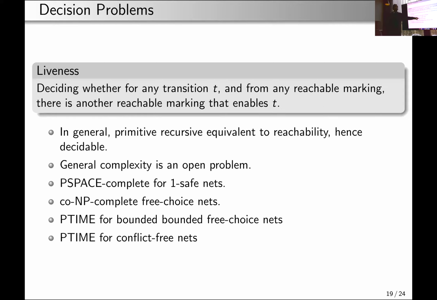Free choice nets, here they pop up, co-NP-complete. If the net is bounded and free choice, I did not explain, but free choice comes up again here, it trivializes things, free choice is very cool. And then conflict-free, again, P-time.